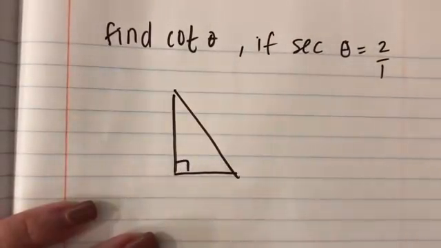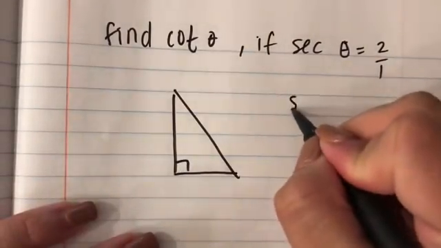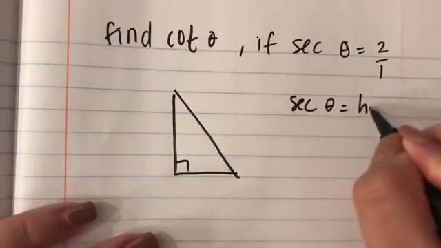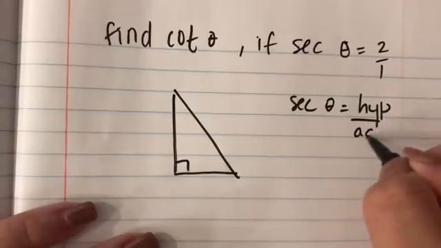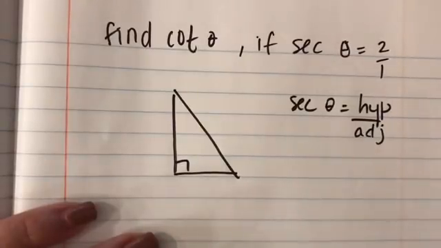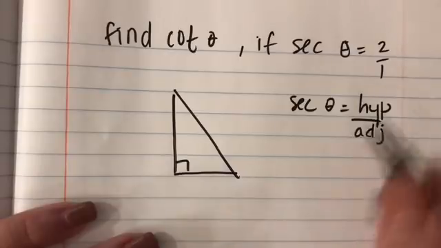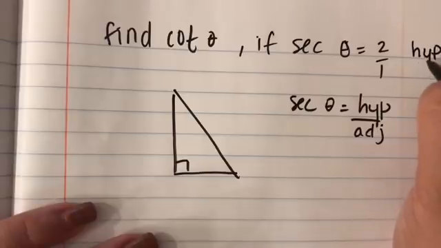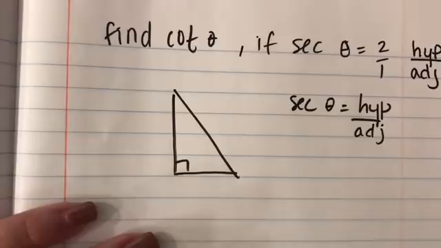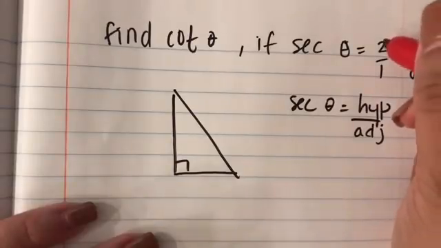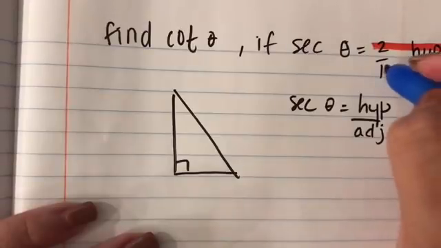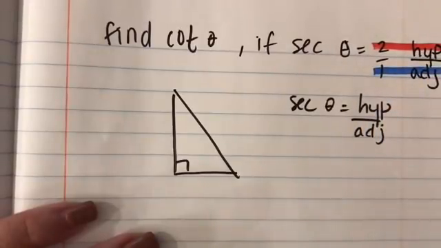We know it's a right triangle, and secant is going to be hypotenuse over adjacent. So let's write this next to it: hypotenuse over adjacent. So I know that 2 is my hypotenuse, and 1 is my adjacent side.